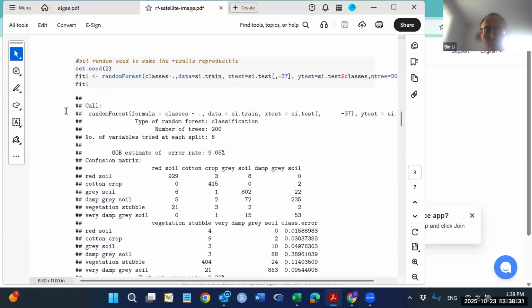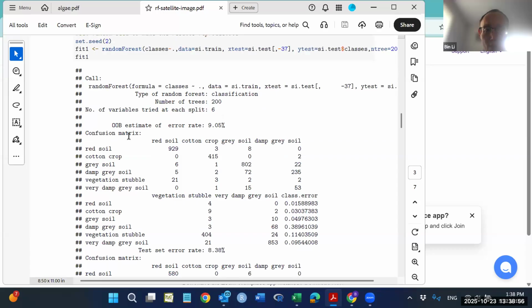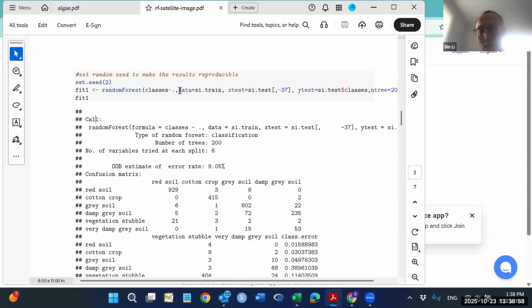Then I run the random forest. I set the random seed so that I can make the results reproducible. That is sometimes very important, especially when you want to reproduce results and submit to journals for publication. In this line you can see the model is fitted on the training set, but there are also arguments for X test and Y test.